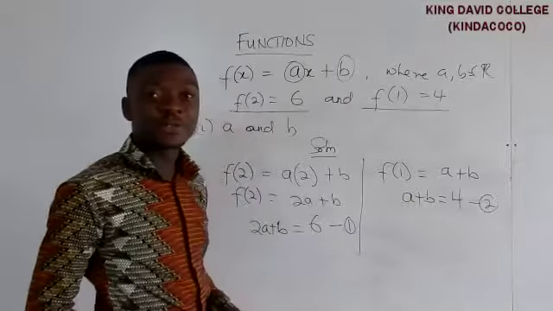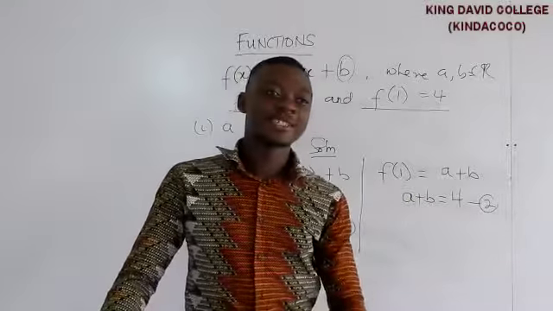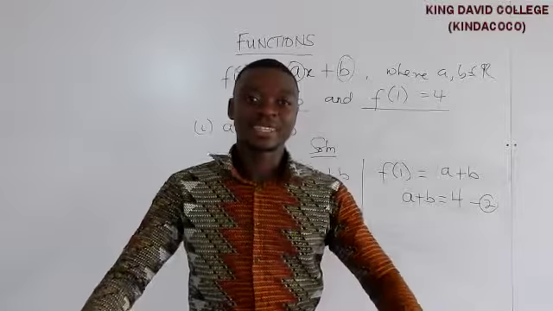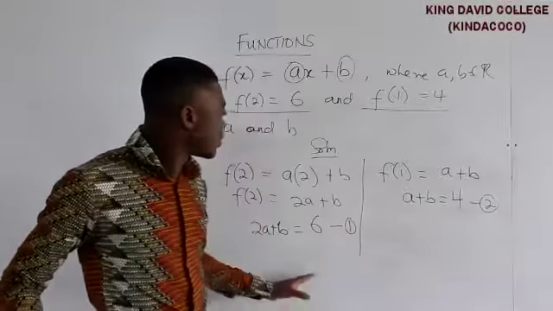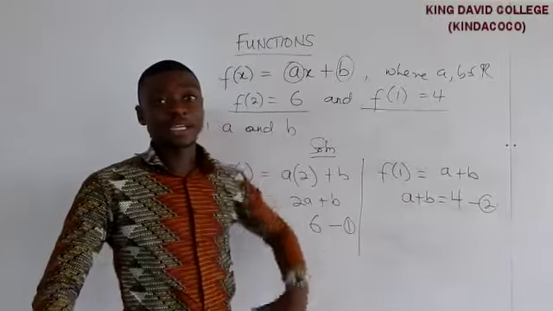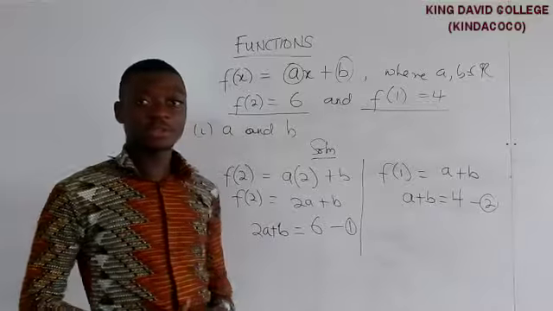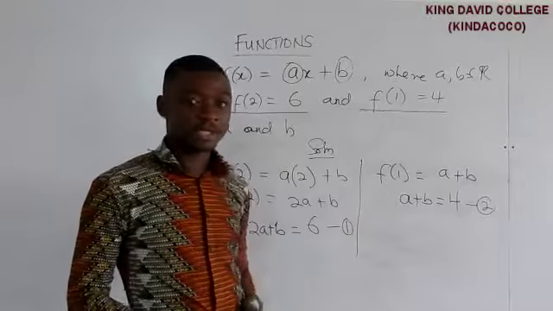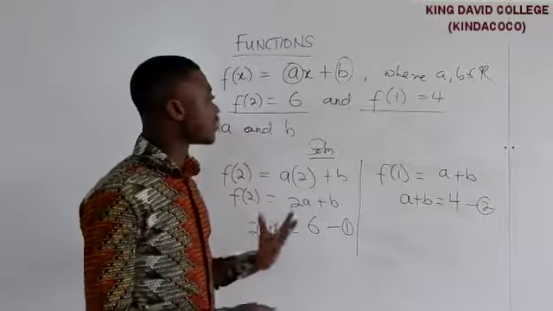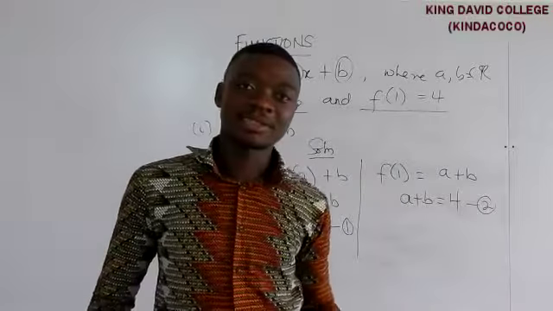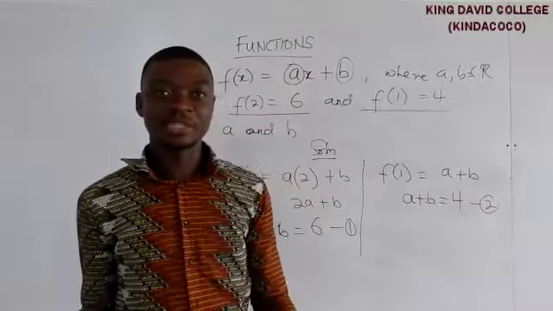Whenever you have 2 equations with 2 unknowns, it's easier to work that out. We have to borrow the idea from simultaneous equations to solve this. In simultaneous equations, you know we have 2 ideas: the substitution and the elimination.